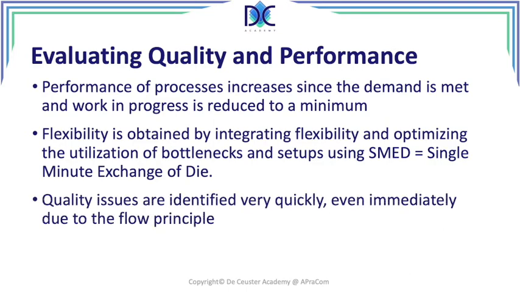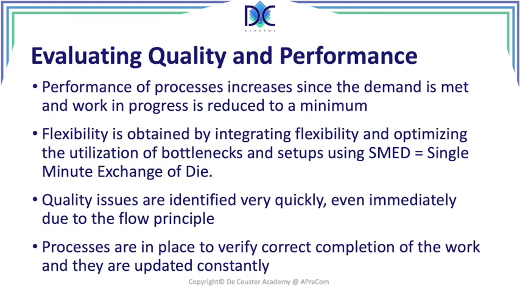Quality is identified very quickly. Now, when we are finishing the items and what we see, we have something that's working, we find issues very quickly. And in Toyota, they use the flow principle. So basically, everything goes through to the next steps, and we can identify issues very quickly. The processes are in place to verify correct completion of the work, and they are updated constantly. In Toyota, you have processes to verify that all the things that you should have done have been done.